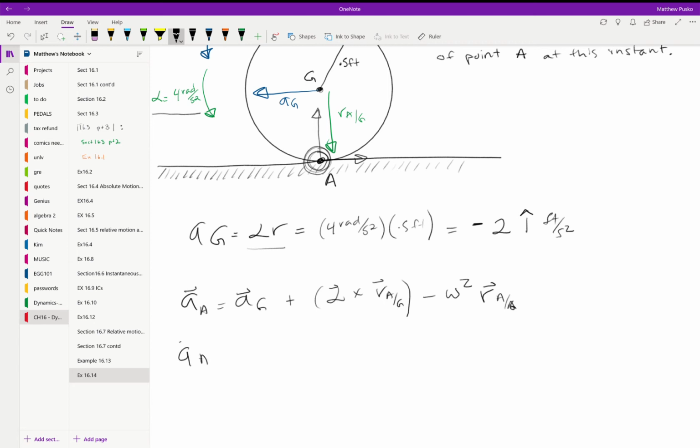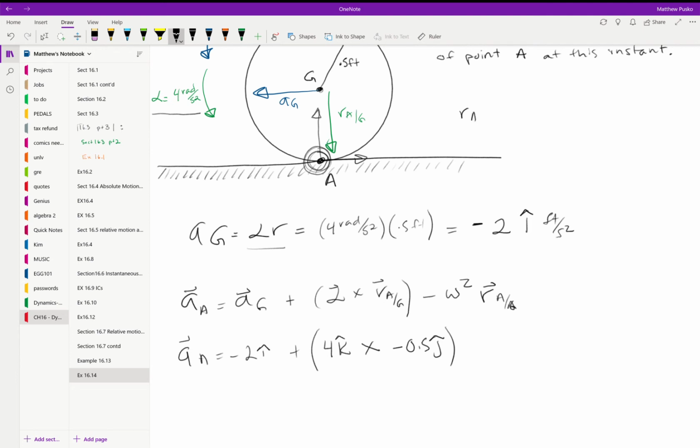Okay, we have everything on the right hand side now. We know that this is a negative 2i for the acceleration of G. For alpha crossed r, that's going to be a 4k, the counterclockwise or positive k direction for alpha, crossed into a negative 0.5j.